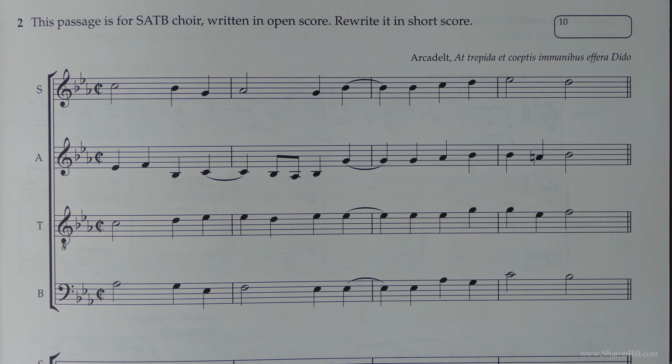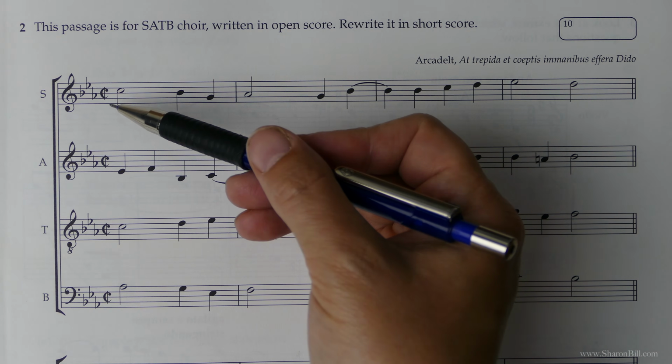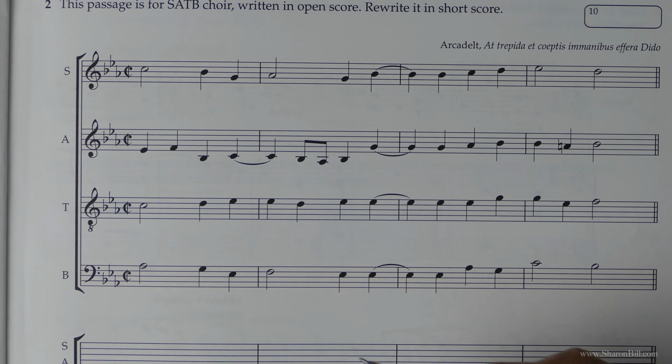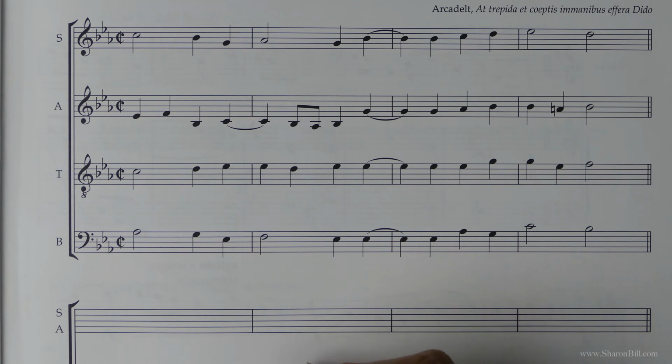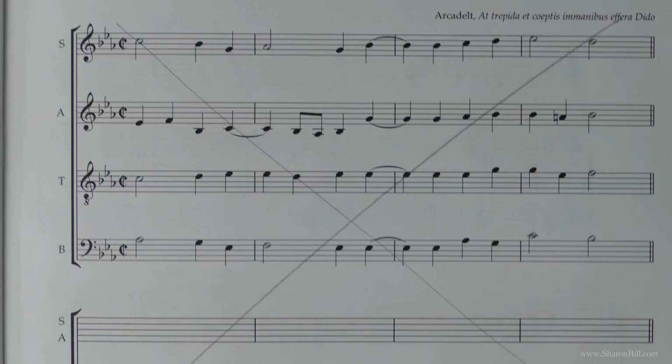So now we're not going to complete the next question over the page. This is replacing open score into short score, and although it's a nice question to complete, unfortunately, in my opinion, that's no longer on the exam.